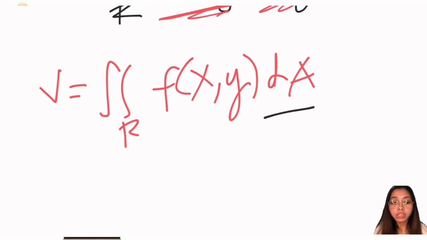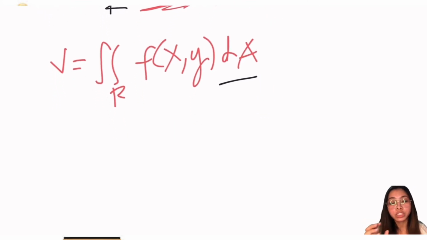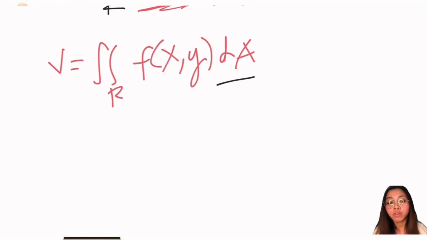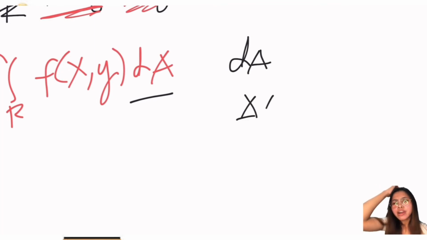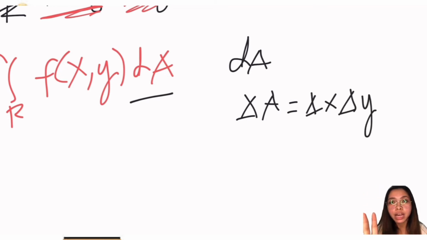So, double integral over a region of f of x, y dA, where dA stands for the area of every rectangle. The area of every rectangle can be written in two ways.